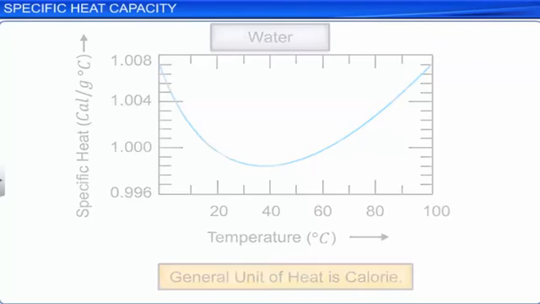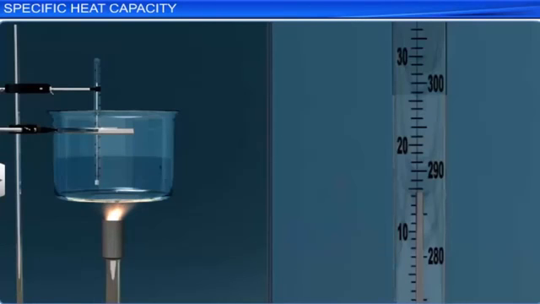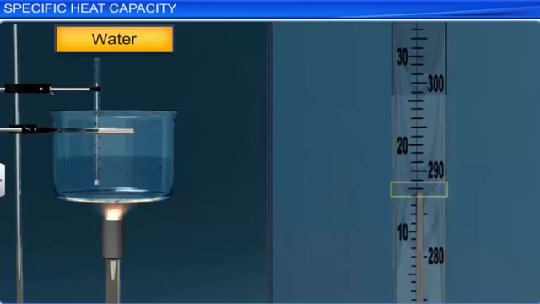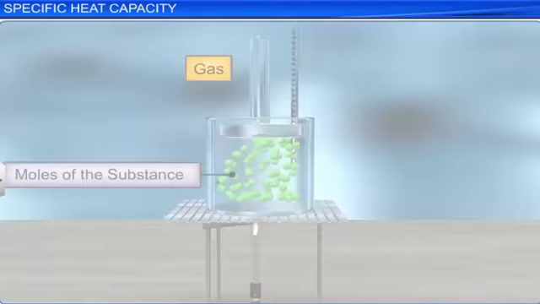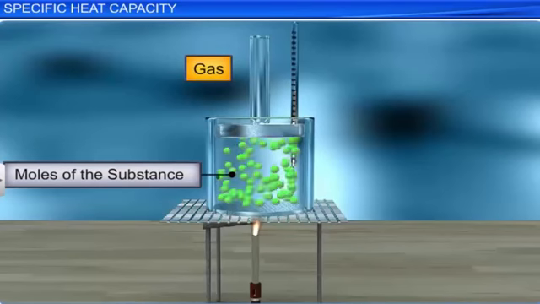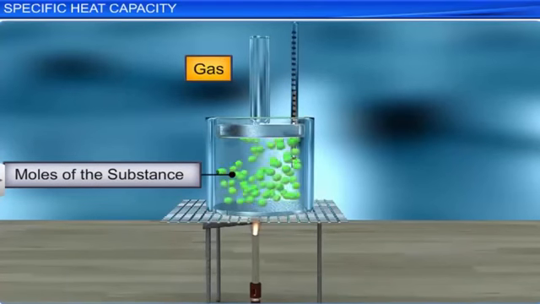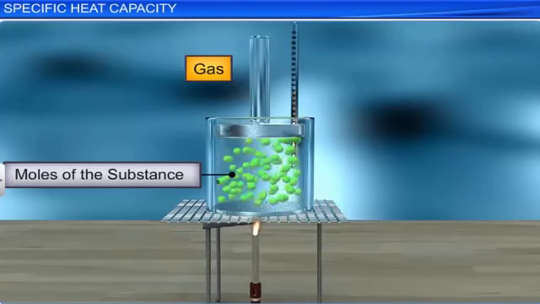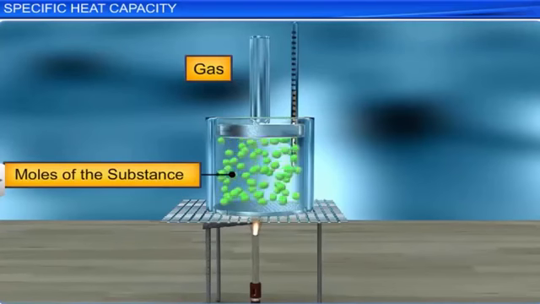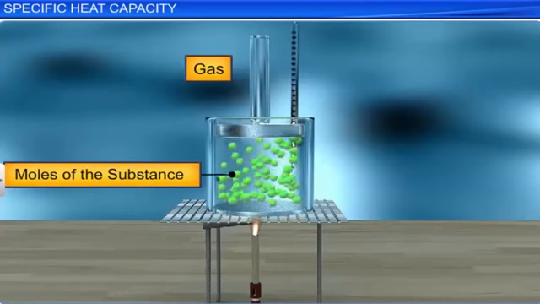A calorie is defined as the amount of heat required to raise the temperature of 1 gram of water from 14.5 degrees centigrade to 15.5 degrees centigrade. Sometimes, it is more convenient to describe the quantity of a substance in terms of moles, mu, rather than mass, m.